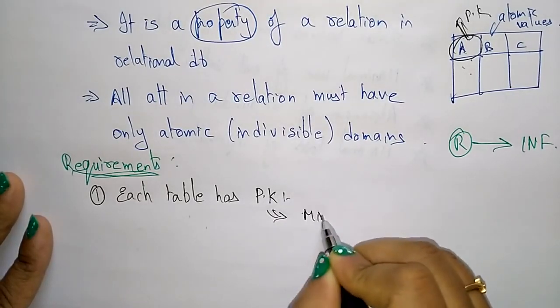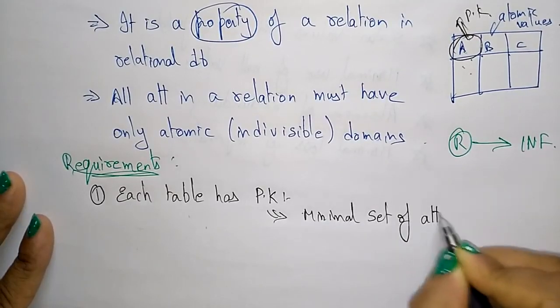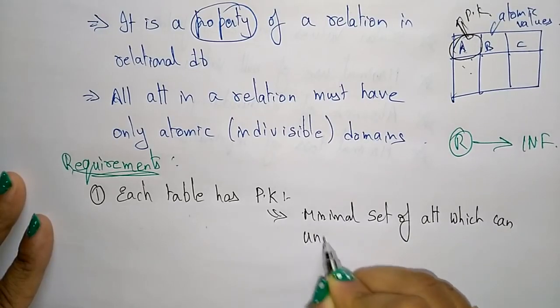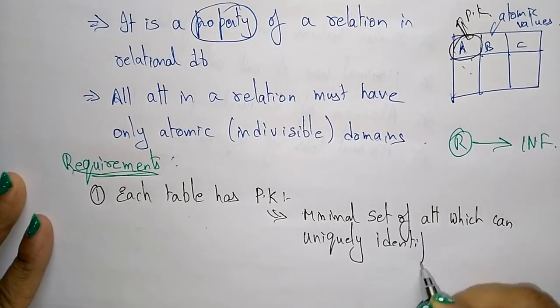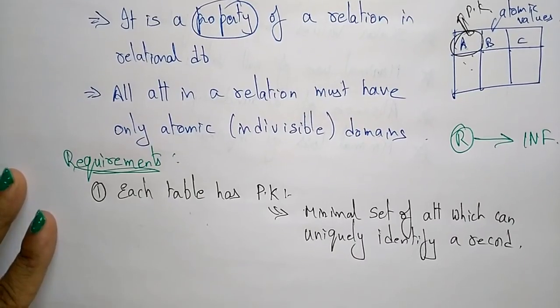Let me write it: minimal set of attributes which can uniquely identify a record. So this is the first requirement.